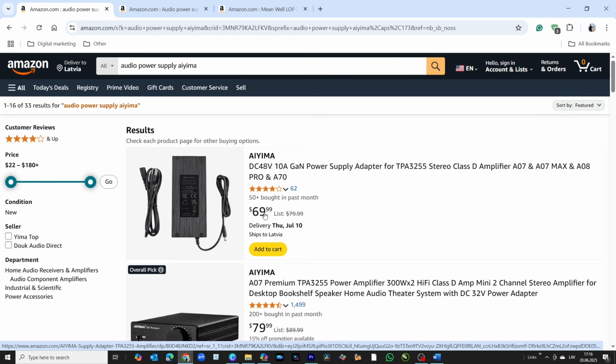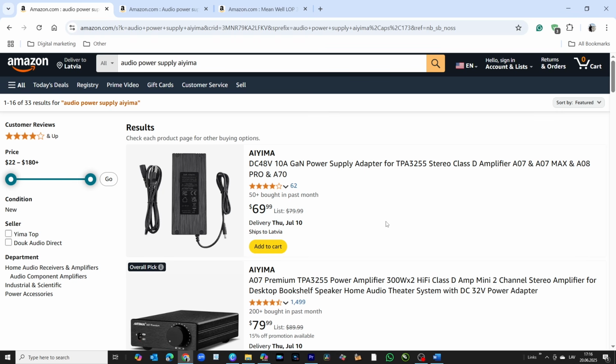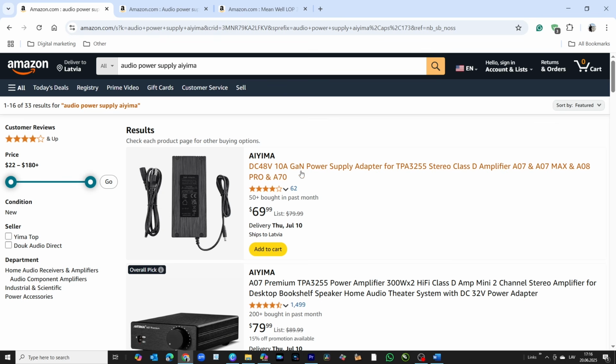It's an okay price. You can't find them very cheap, and as I said, that power supply often costs the same as the amplifier, and in some cases even more. And when you are buying this 10 amp 48 volt power supply, you should be confident that you will be able to cool your system.